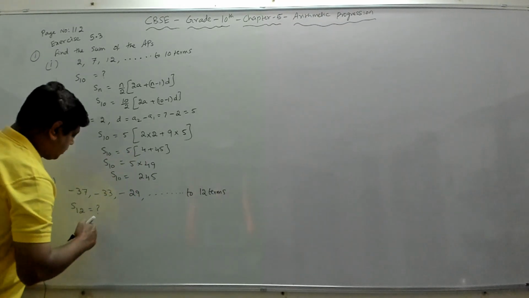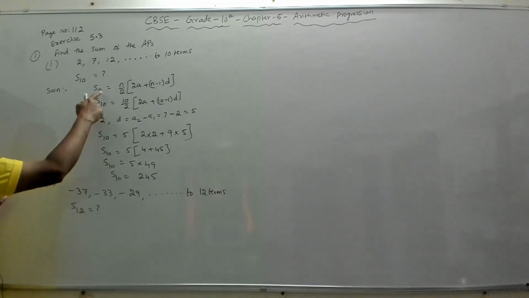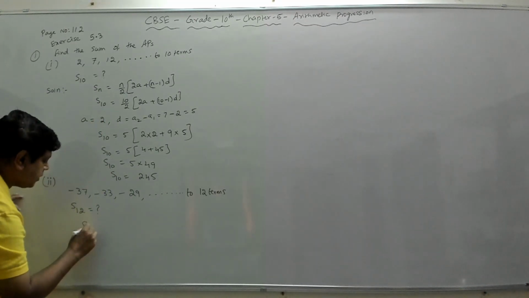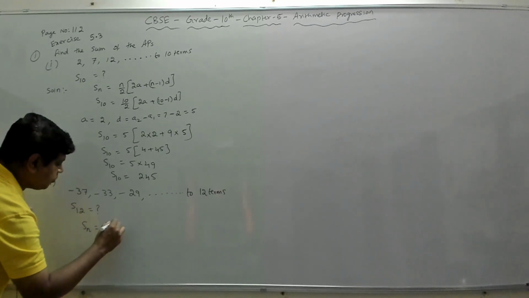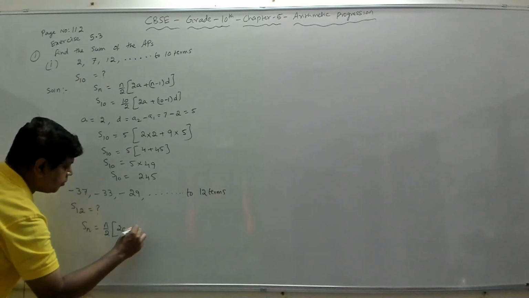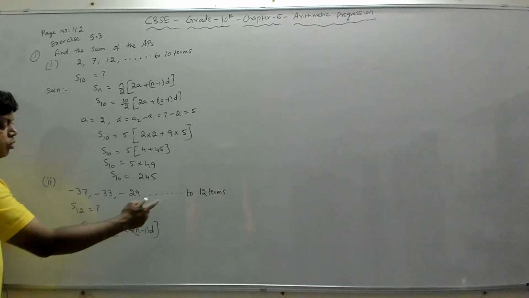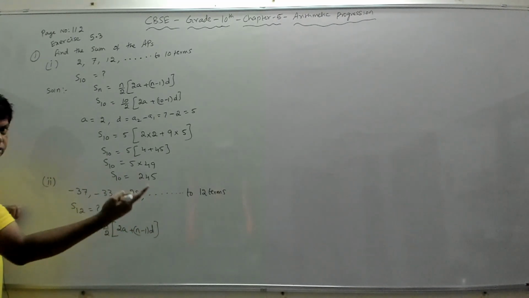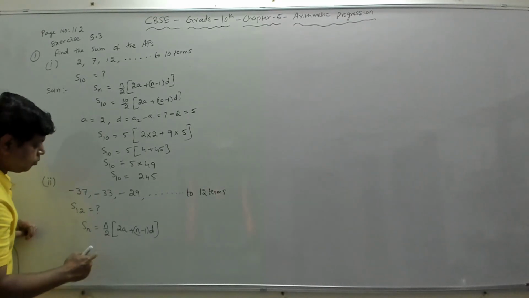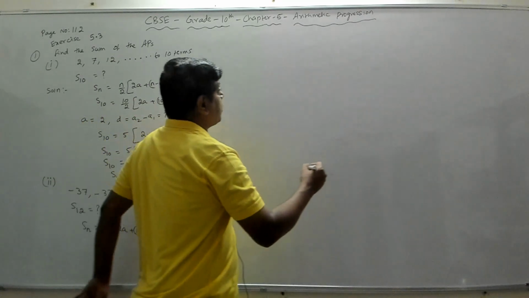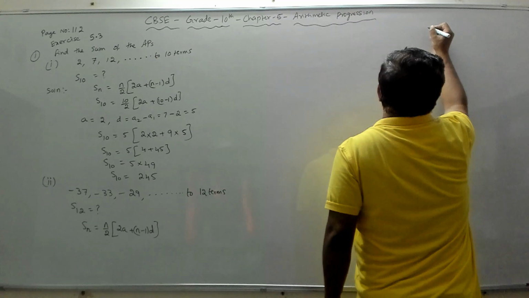Now again, what is our Sn formula? Sn is n by 2 into 2a plus n minus 1 into d. Since we don't know the last term, we cannot use the other formulas. I'll write all the formulas here.